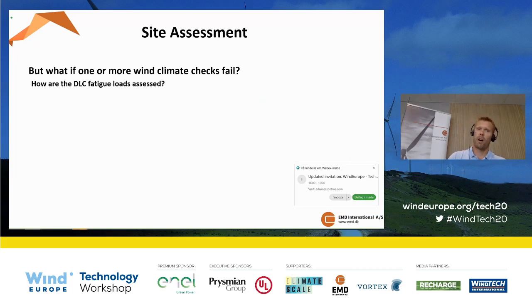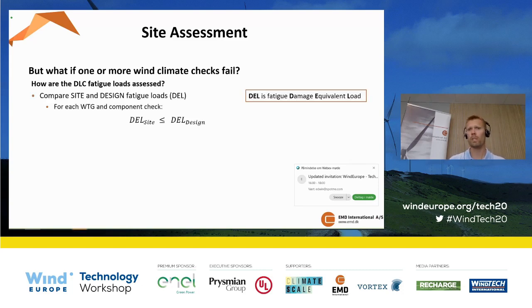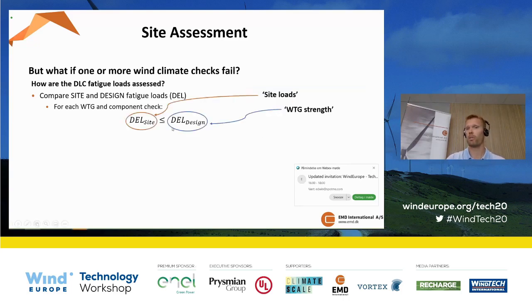So how do we actually, if we have calculated these design load cases for fatigue, how are they actually assessed? Well, we use something which is called fatigue damage equivalent load, or DEL. And we calculate these damage equivalent loads for the site conditions for each turbine and component, and compare them to the DEL for the turbine.